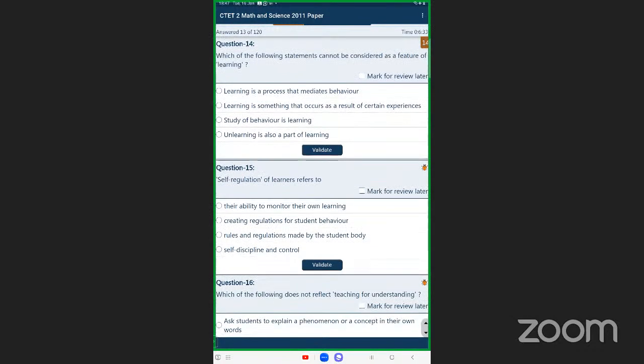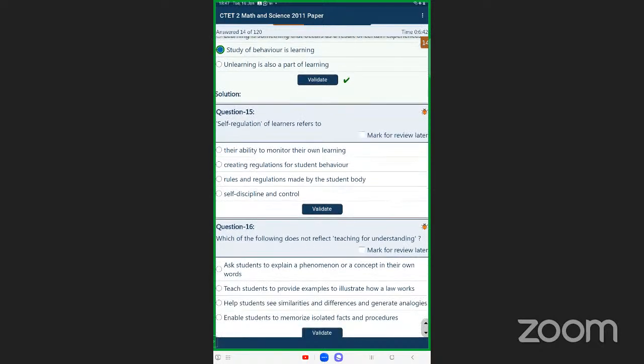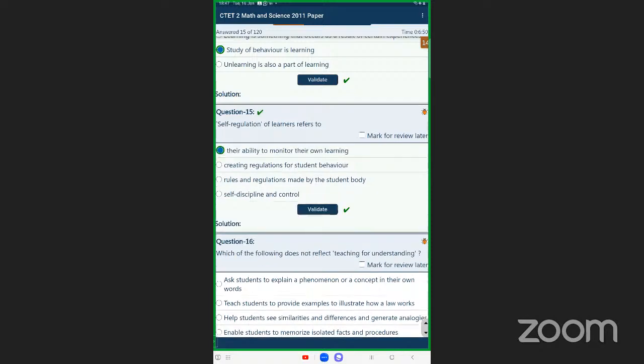Which of the following statements cannot be considered as a factor of learning? So study of behavior of learning is not a factor of learning. Self-regulation of the learner refers to their ability to monitor their own learning.